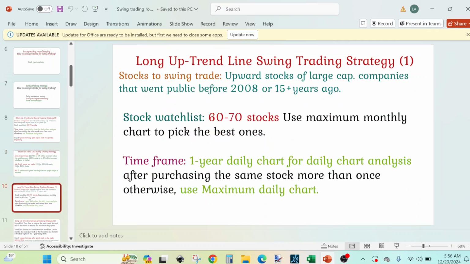For 2025 though, we'd like to try the long uptrend line swing trading strategy.